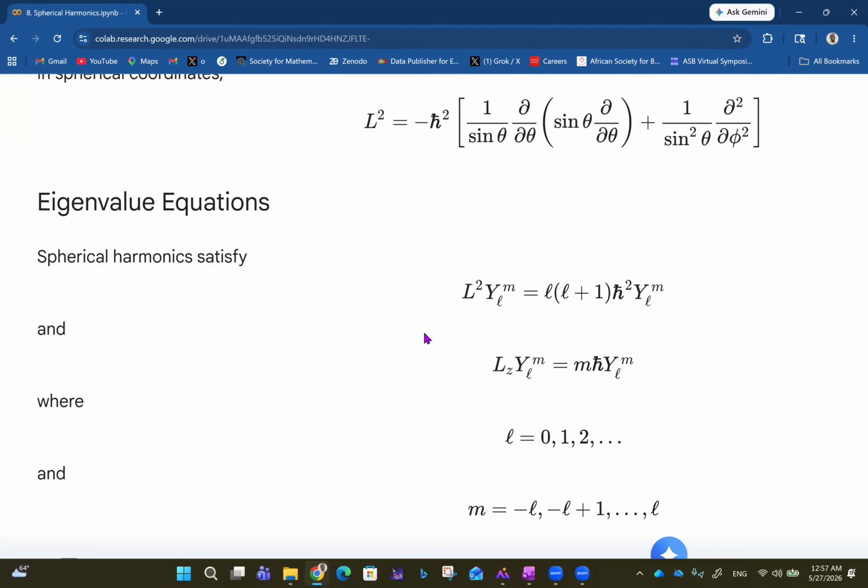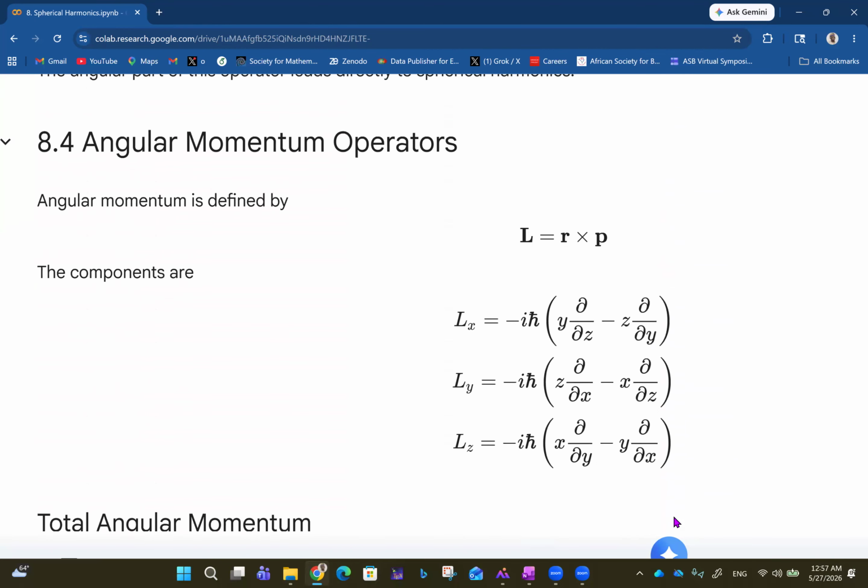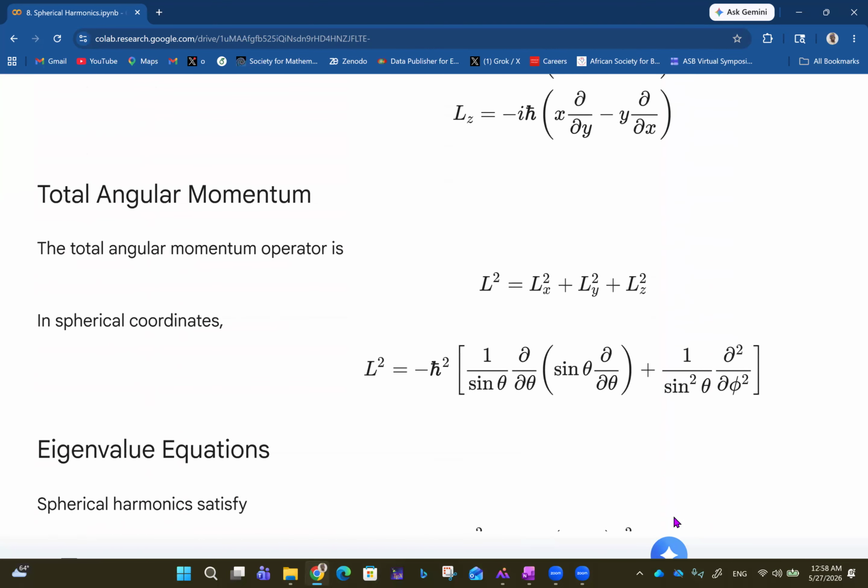Spherical harmonics satisfy L squared Y sub lm equals l(l plus 1) h bar squared Y lm, and L z Y lm equals m h bar Y lm, where l takes values 0, 1, 2, and so on, and m goes from minus l up to l. So that's the eigenvalue equations, still relating to the angular momentum discussion.